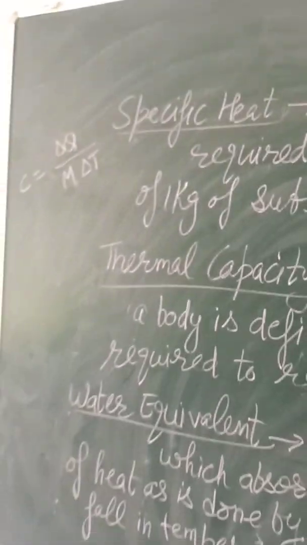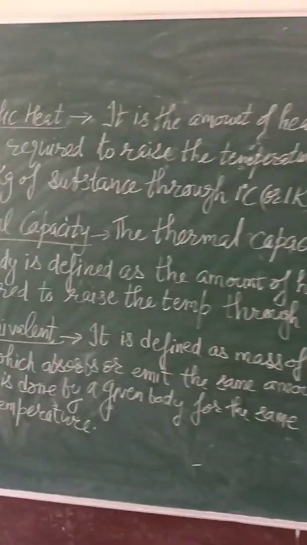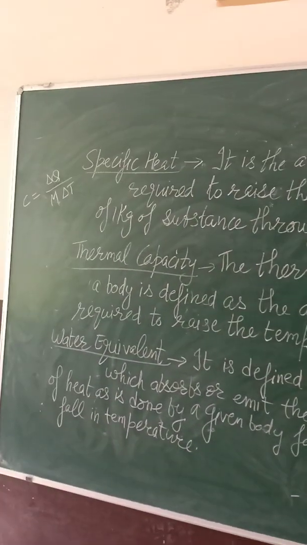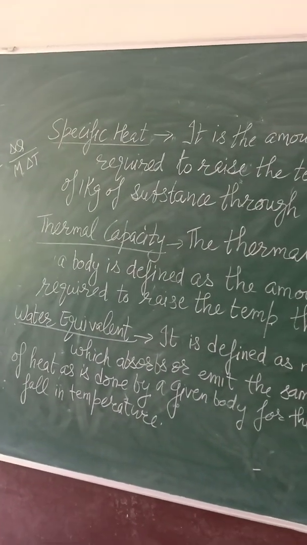Mathematically it is represented like this. Specific heat C equals delta Q by m delta T. Clear?